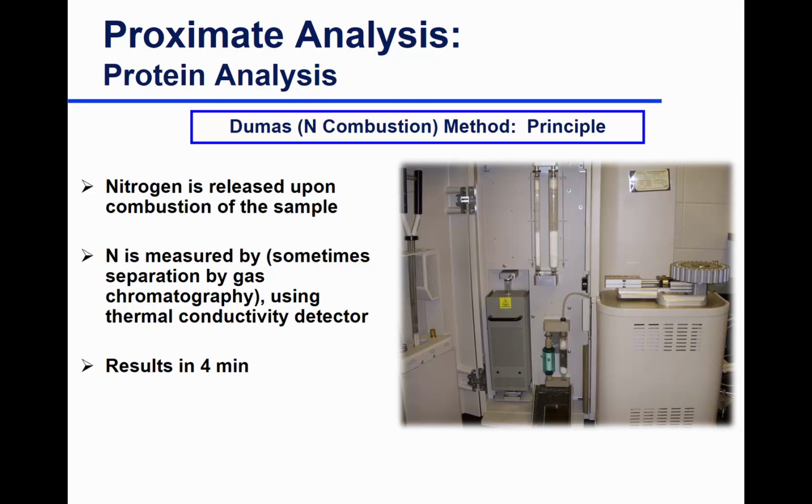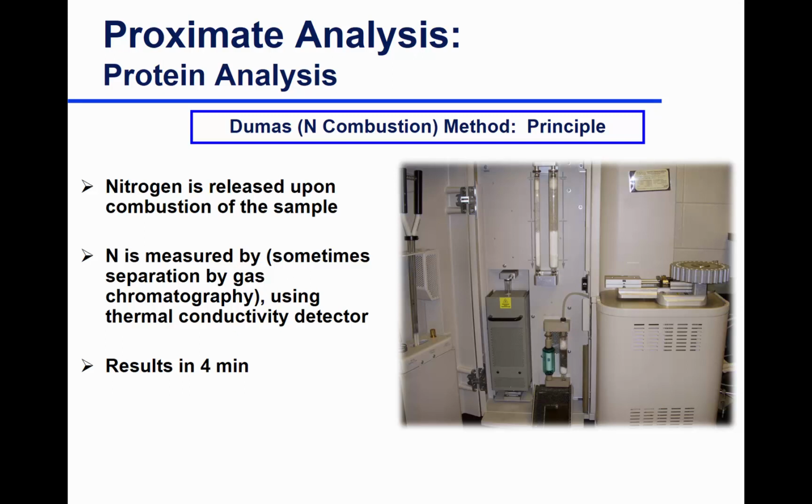And then you insert your capsule in little holes, and then the capsules get dropped into the combustion chamber, where it's really hot, at about 950 degrees C. Everything combusts into gases.